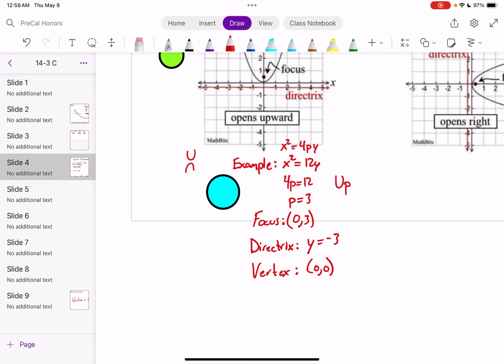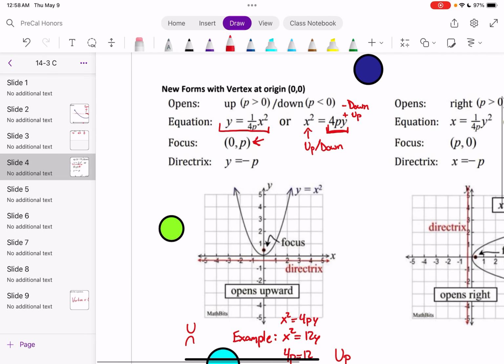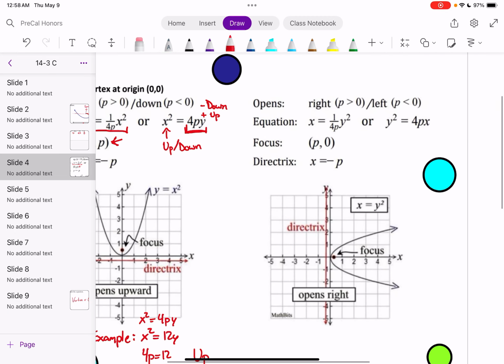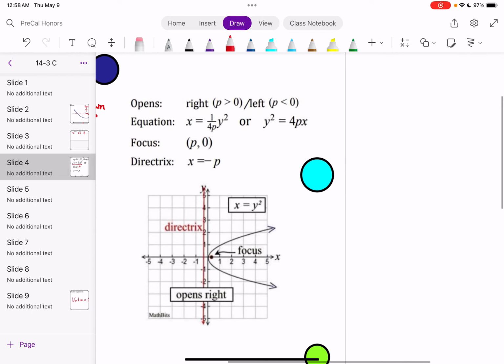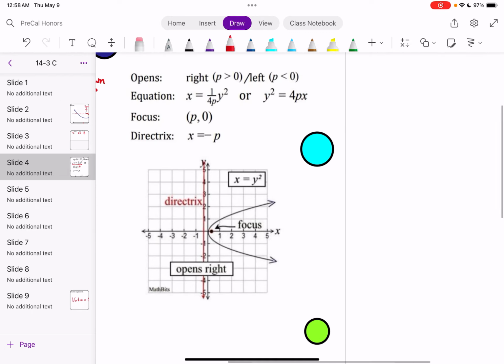Let's take a look at the equation to the right-hand side and see how things change as our equations change up. In this scenario, as you can see, we have x is equal to 1/4p y squared, or y squared is equal to 4px.